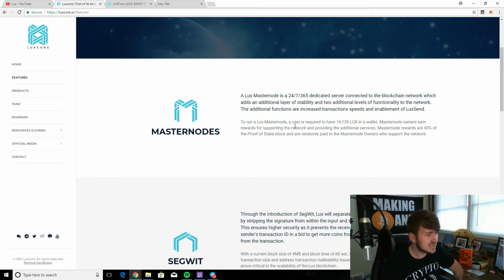To run a Lux masternode, a user is required to have 16,120 Lux. Come on. That's a lot of money. In a wallet. Masternode owners earn rewards for supporting the network and providing the additional services. Masternode rewards are 40% of the proof of stake block and randomly paid to the masternode owners who support the network.